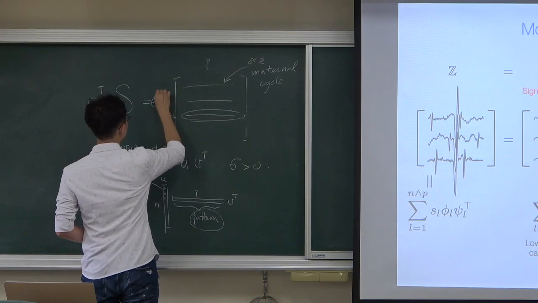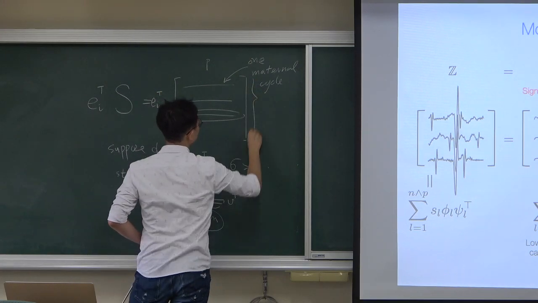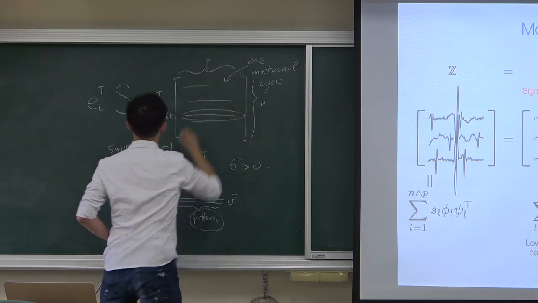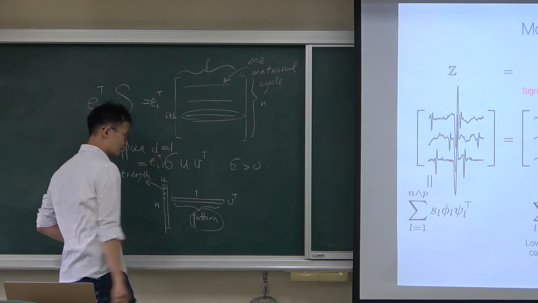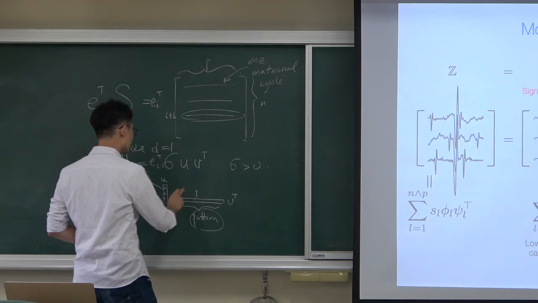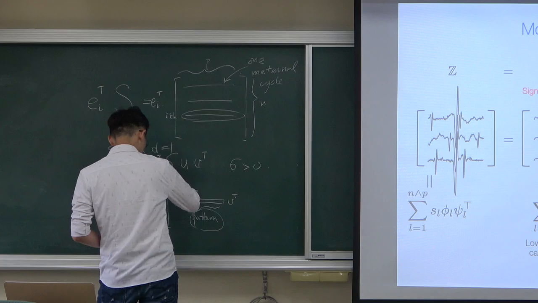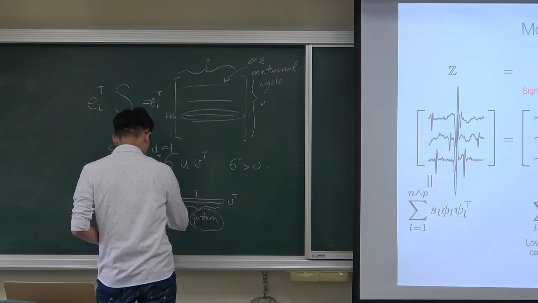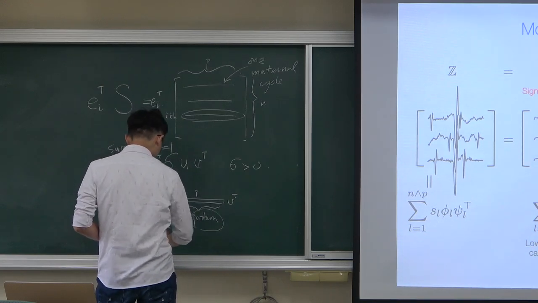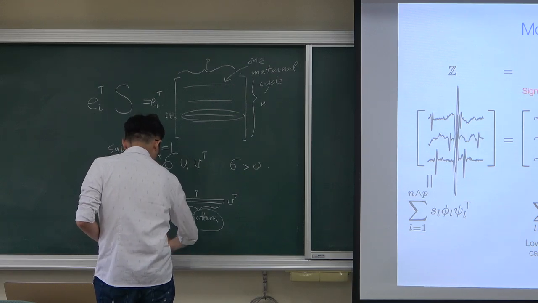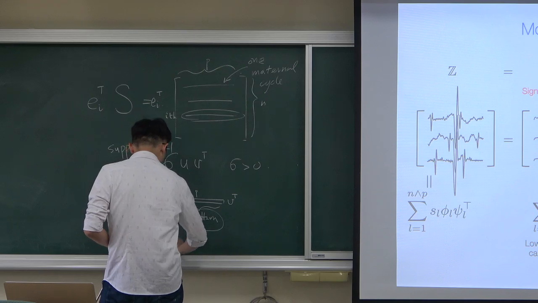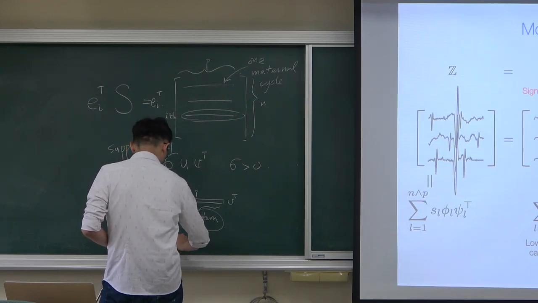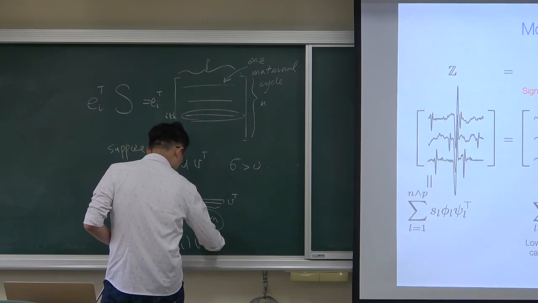So e_i transpose times this N by P matrix gives you sigma u_i V transpose.